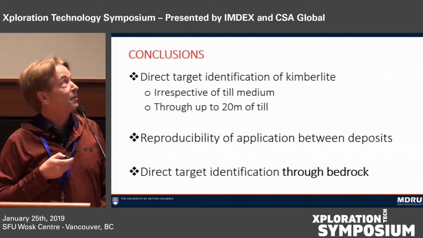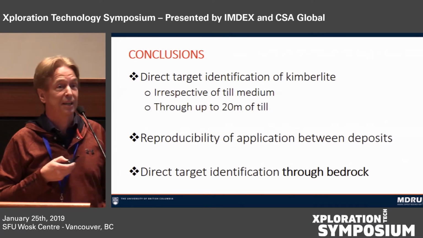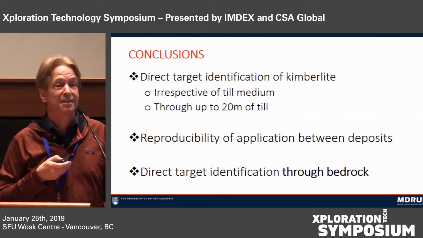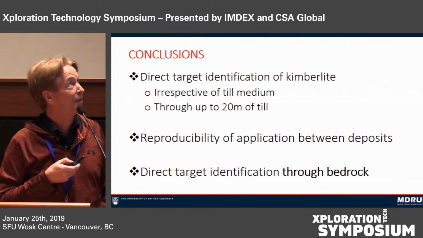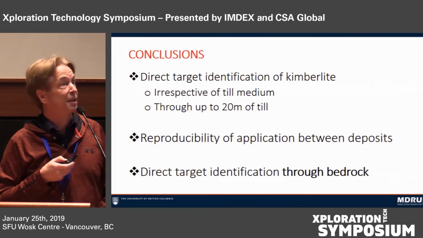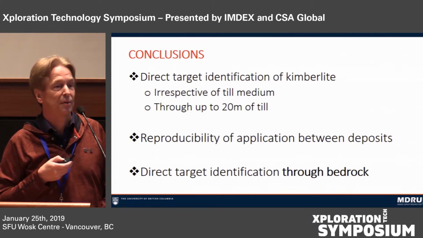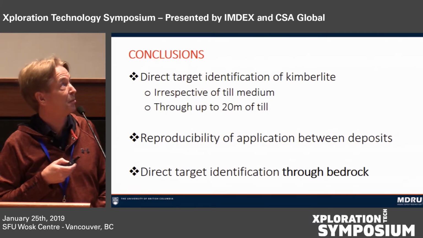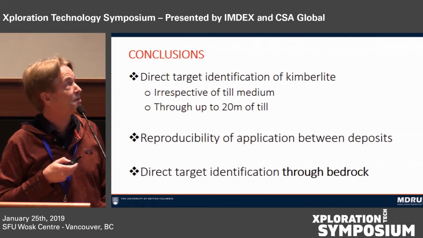So what do we have? In conclusions, we have a direct target identification of a kimberlite using microbiology, irrespective of the till medium, so that we can see that influence both over the residual till blanket, as well as through the fluvio-glacial material that is often sitting on top of the till blanket, and up to 20 meters of till.